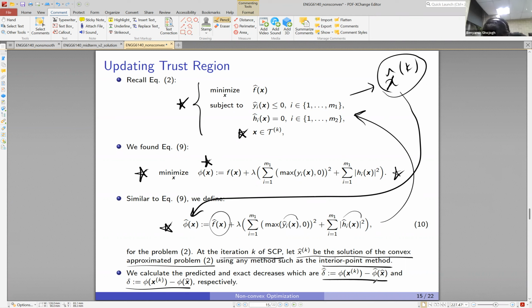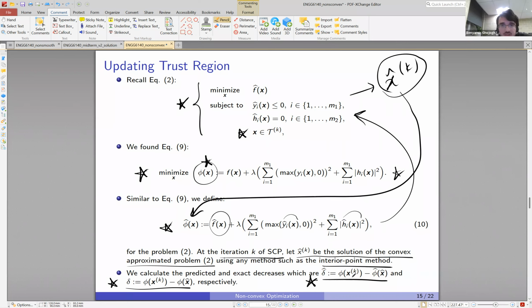Now let's see, we are defining two things, delta hat and delta. What is delta hat and what is delta? In both of them, the first term is phi of xk, defined here. And xk, what is xk?